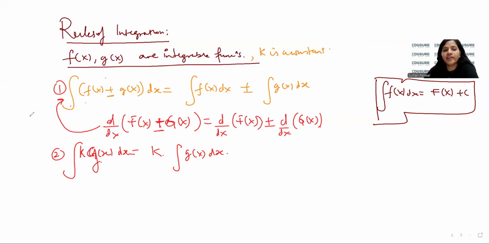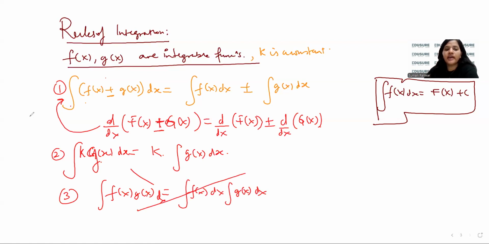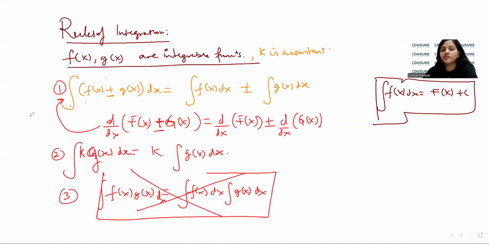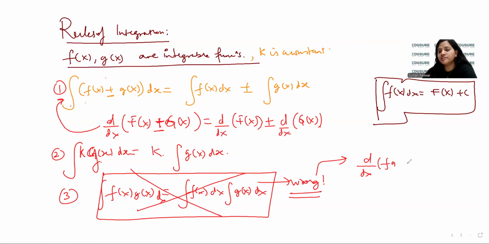And we do not have any simpler rule like this. For example, suppose you want to say that the integration of f(x) g(x) dx is equal to the integration of f(x) dx times the integration of g(x) dx. We do not have any rule like this, and this is wrong. Please do not do this. And you must be knowing why this is not true, because we already know that d by dx of fg is not equal to d by dx of f times d by dx of g.